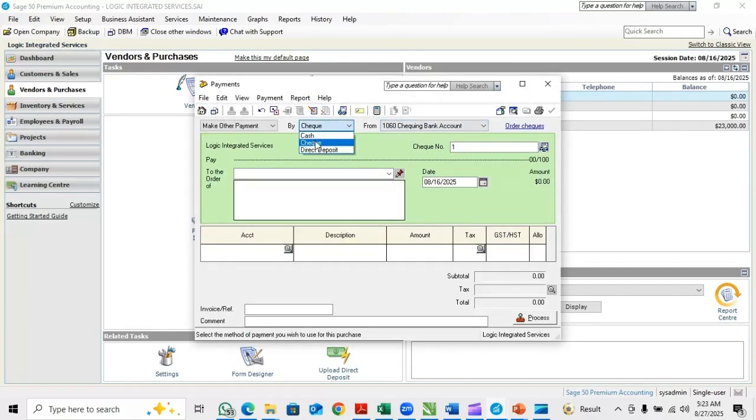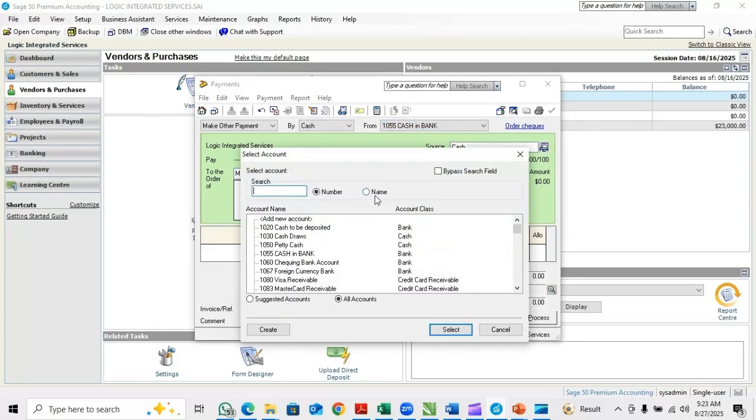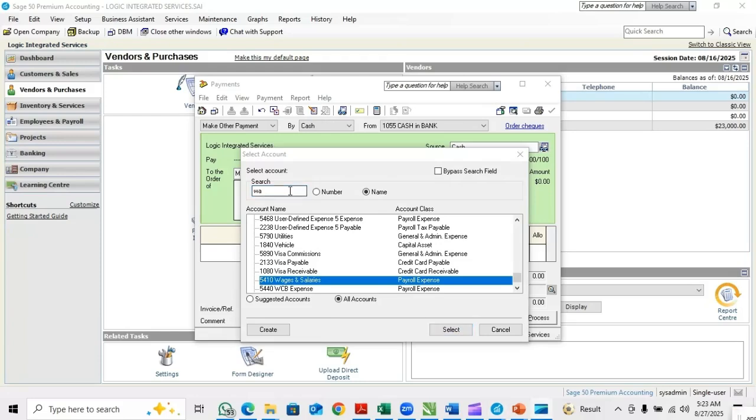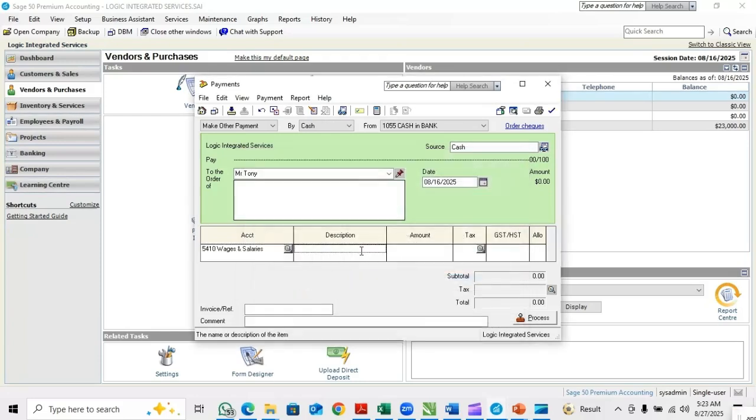So we're going to come here and do this, cash in bank, Mr. Tony, and we're going to pay wages expenses, which is painting expenses, which is 12,500.